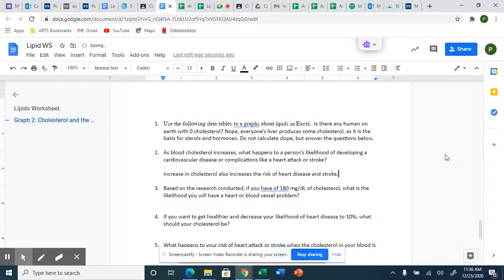The number that your blood cholesterol should be at as an adult is less than 200.